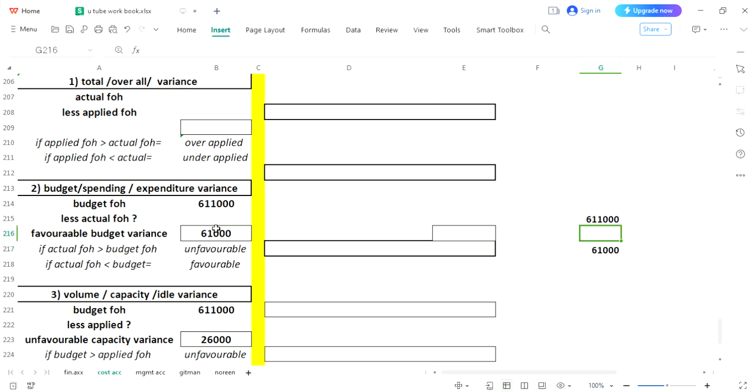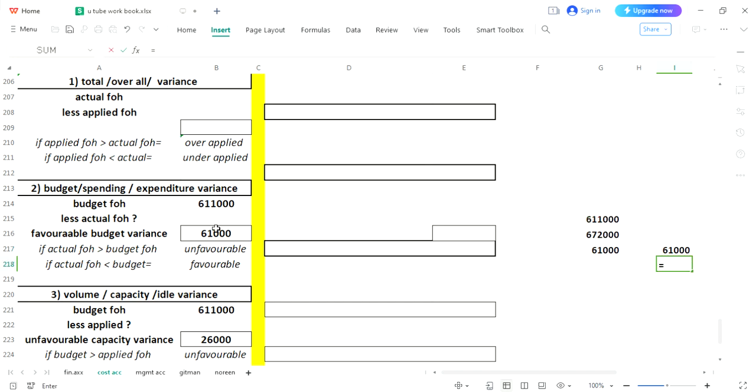Now whatever I will write here, even by adding any amount or by subtracting any amount, you will get the same answer. How? Let's say if you are adding this, the difference would be similar. I'm letting you calculate. What I am doing, 672 subtract 611. You will get the same answer.